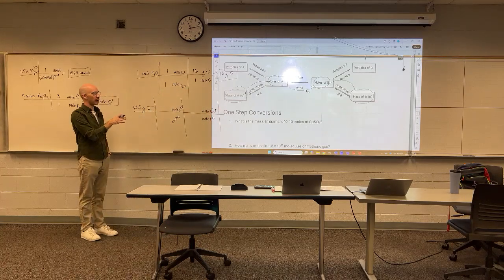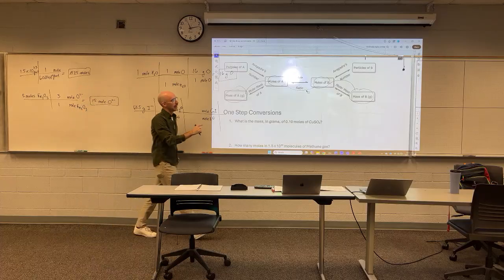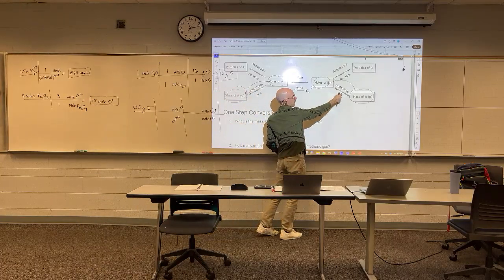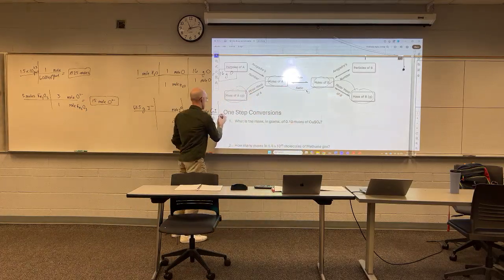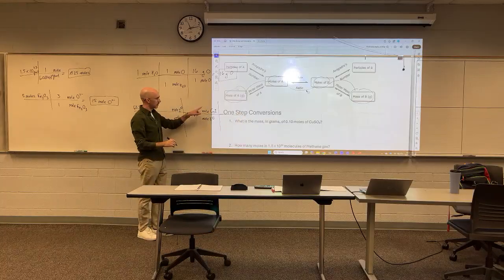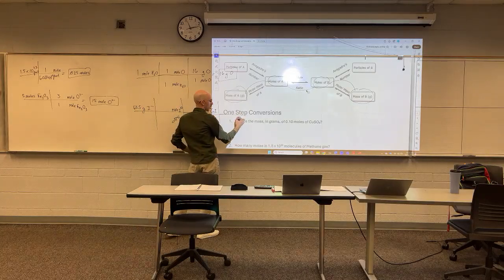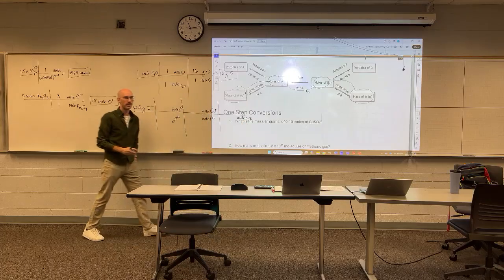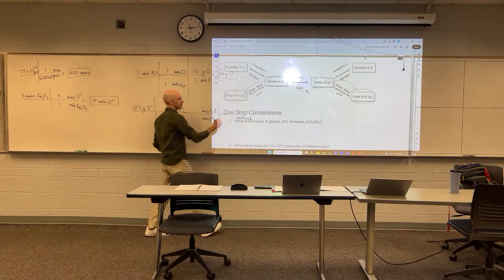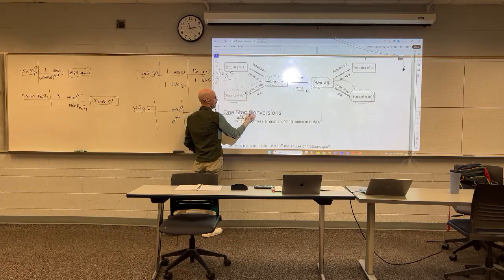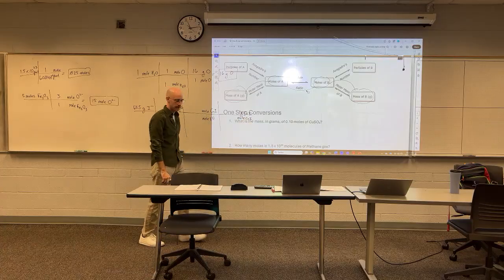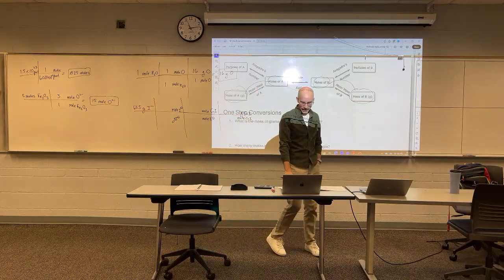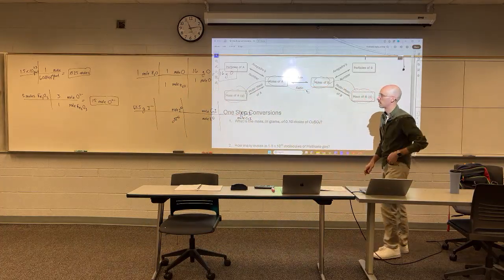I don't want to stop here with moles of copper iodide. I need the molar mass of copper iodide. I'm just setting up my units. Moles of copper iodide go on the bottom. What goes on the top? Grams of copper iodide. Hey, that's what I wanted to find out in the first place. I wanted to find out what mass of copper iodide I could make.